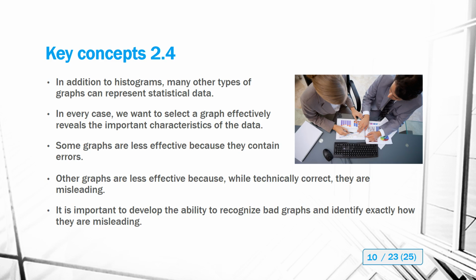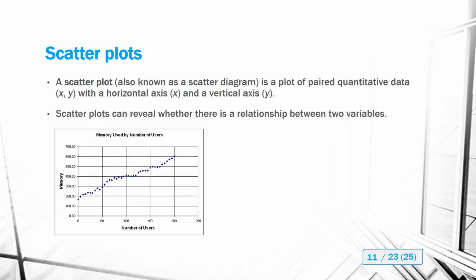So first, let's talk about the different types of ways we can represent the data, and then we'll end this section and also the lecture with a brief conversation about ways in which we can use data to make less than effective representations of the important characteristics we're trying to communicate.